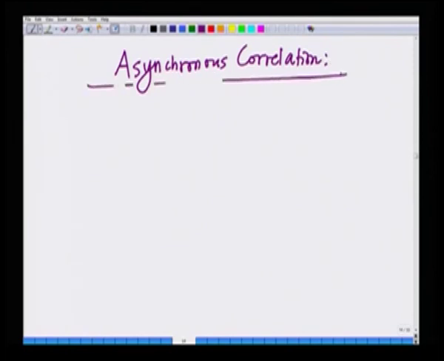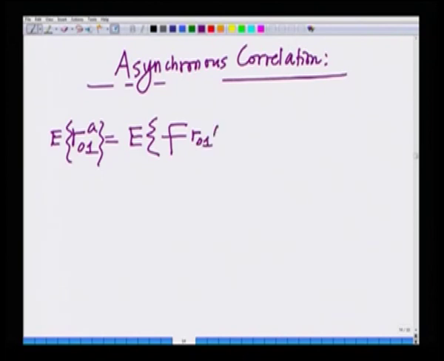So, the asynchronous correlation R01 of a equals, in expectation, expected f R01 of minus 1 plus 1 minus f R01 of 0.